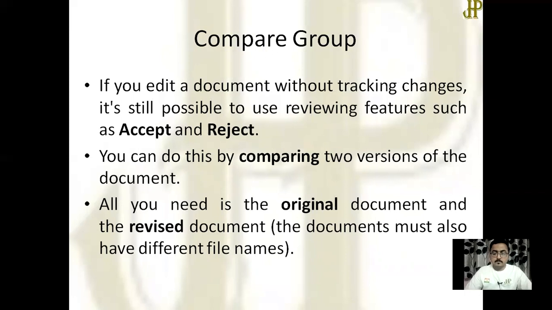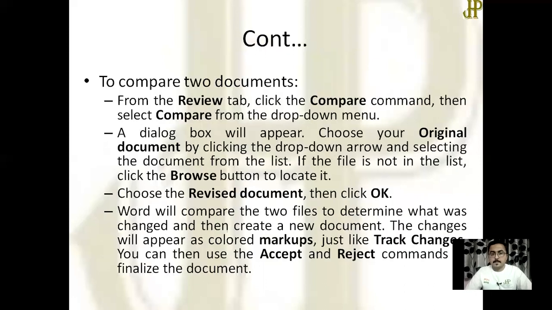All you need is the original document and the revised document. Both documents should have distinct names. Okay? How to compare these two documents? The steps are given below. I'm not going to discuss it because it is less important for the 9th class standard.